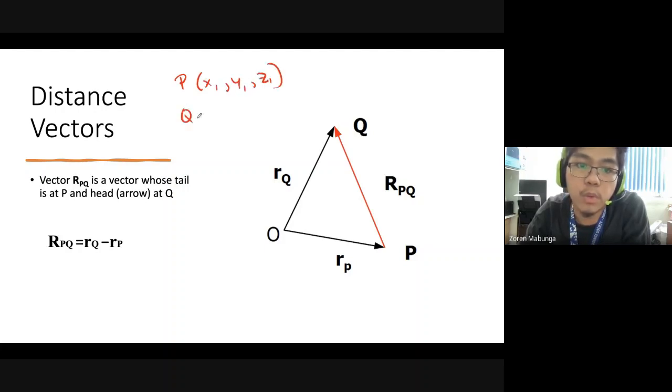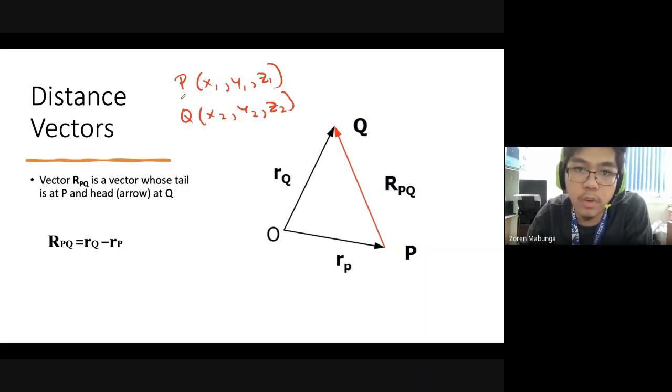Then, point Q, x sub 2, y sub 2, z sub 2. Then, pinahanap sa'yo, ano yung distance vector from P to Q? So, ang pinapahanap sa'yo doon will be R sub PQ, which is, pwede mo yung makuha using this formula. Ima-minus mo lang yung vector at point Q minus vector at point P.